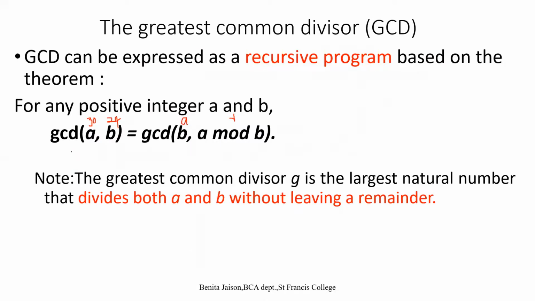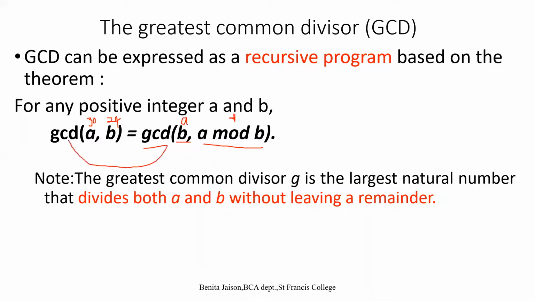When we write the recursive call, we write it in a single line: GCD of A comma B is GCD of B comma A mod B. You know what A mod B is? A mod B is the remainder when we divide A by B. So this will ultimately result in calling the GCD again.